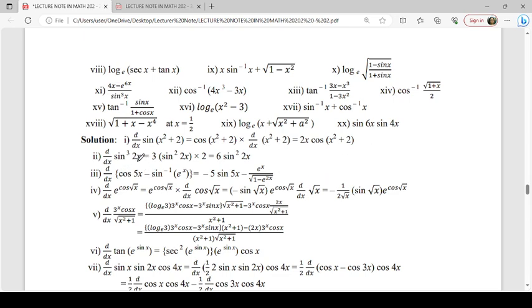Sine cube twice x. So first is cubic function, so first it is sine cube twice x. First it is u cube, then it is sine z, and then it is twice x. Means what?